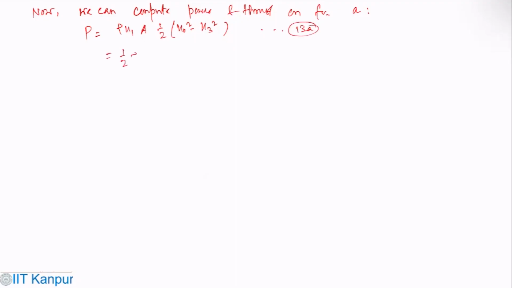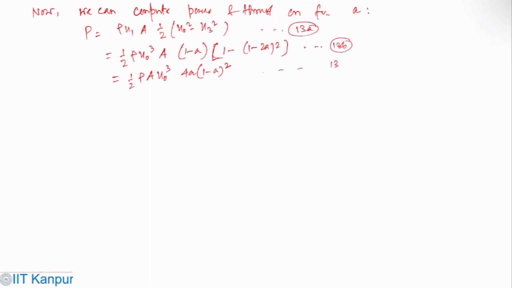So this is half of rho A U0 cube (1 minus A)(1 minus (1 minus 2A) square), 13B. That is half rho A U0 cube 4A into (1 minus A) square. So that is 13C.